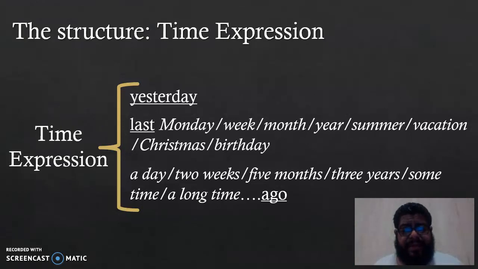Okay, so this was a very short presentation in order to help you with understanding how the simple past works. But don't worry, it's not the last one I'm going to make.